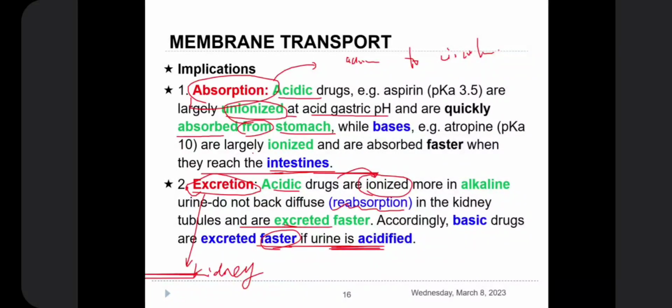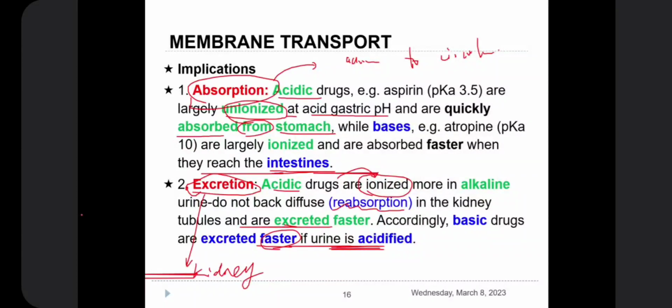Yeah. Okay. So for the implications, you need to remember four sentences. I give one sentence to help you understand more clearly. Acid drugs in an acid environment, like the stomach or the acidified urine, become more molecular form, more unionized. So they cross the membrane more easily, and get very good absorption and good reabsorption.